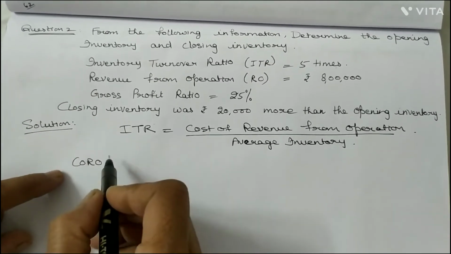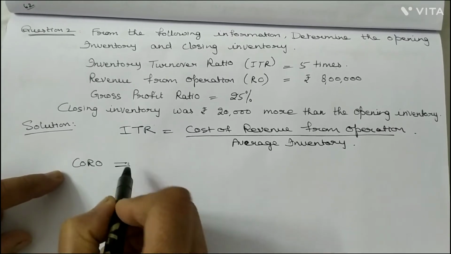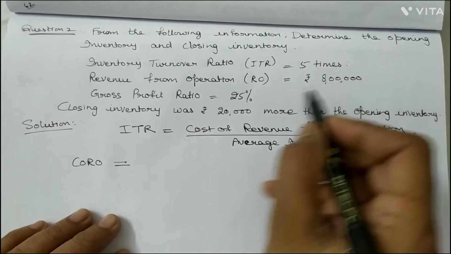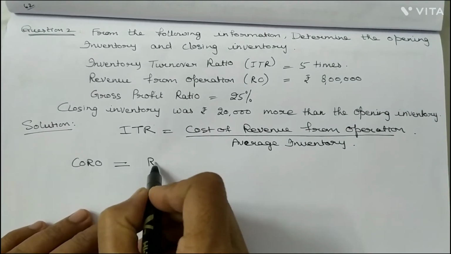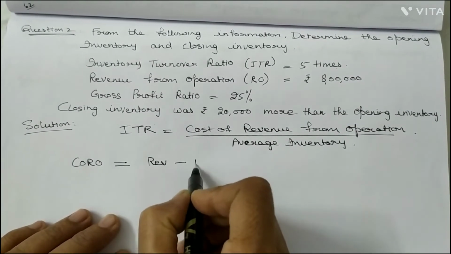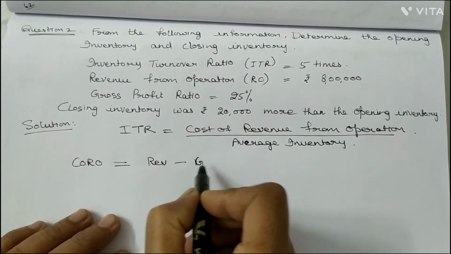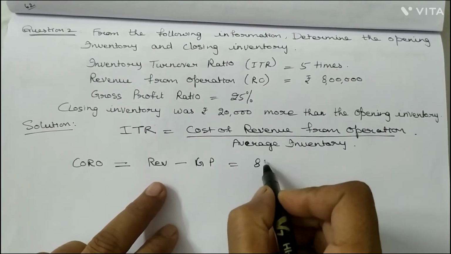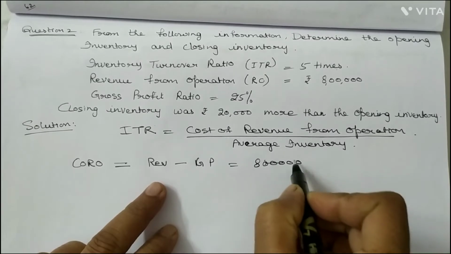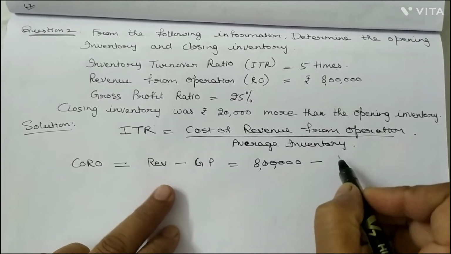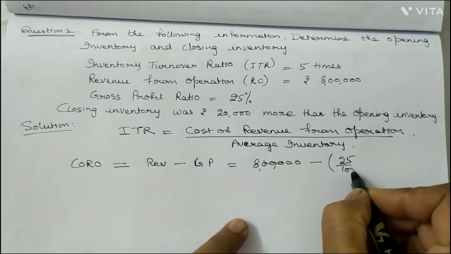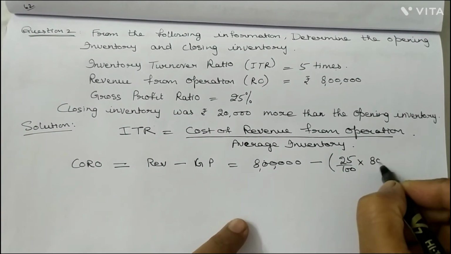How will you calculate cost of revenue from operation? It is revenue minus gross profit. Revenue is 8 lakh minus GP, which is 25% of revenue 8 lakh.